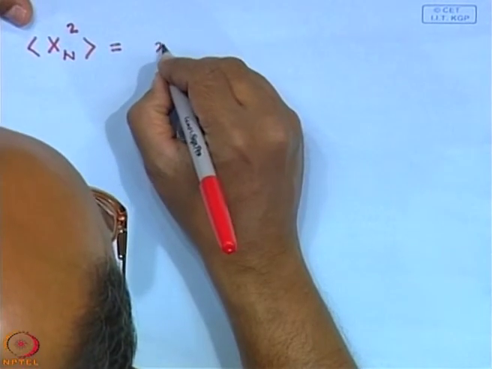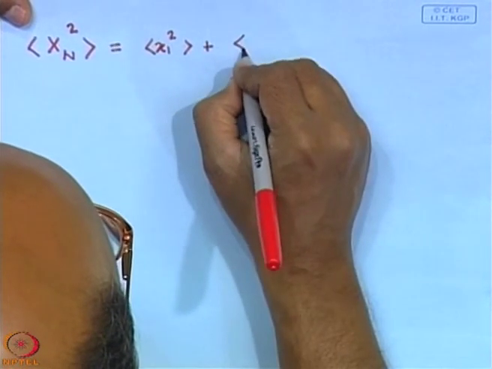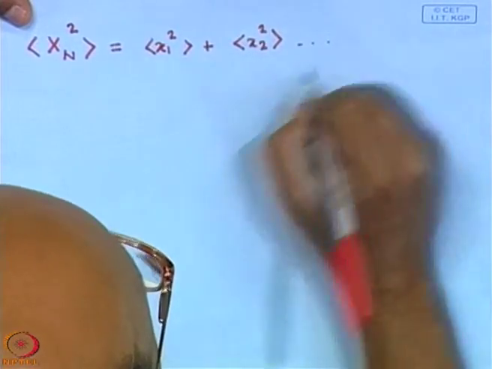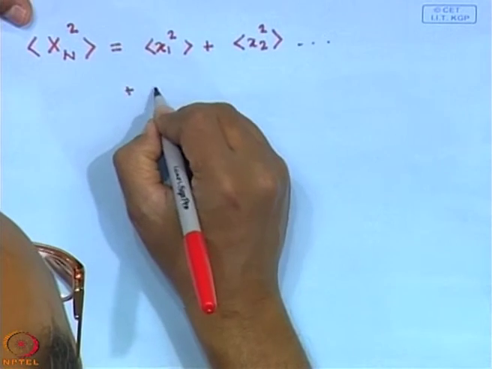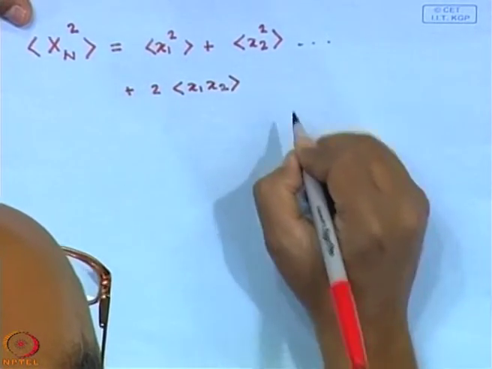So, this will have x1 squared, the mean of this, plus x2 squared, the mean of this, and n such terms, plus there will be 2 x1 x2, the cross terms.